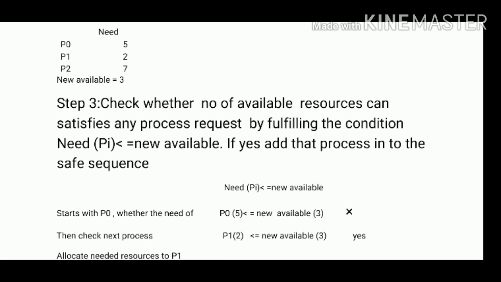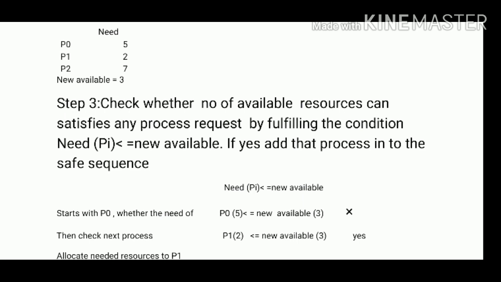So now we are going to check whether, with the 3 resources in our hand, the request of any process can be fulfilled or not. We are going to use the formula: for any Pi, the need of Pi should be less than or equal to the available resources in the system.